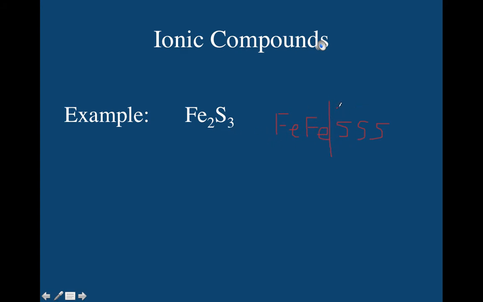Now, each S is 2-, and 2-, and 2-. So that means this is 6-. So the two irons have to be 6 plus. We split that evenly two ways. So 3 plus and 3 plus. Each iron is 3 plus.